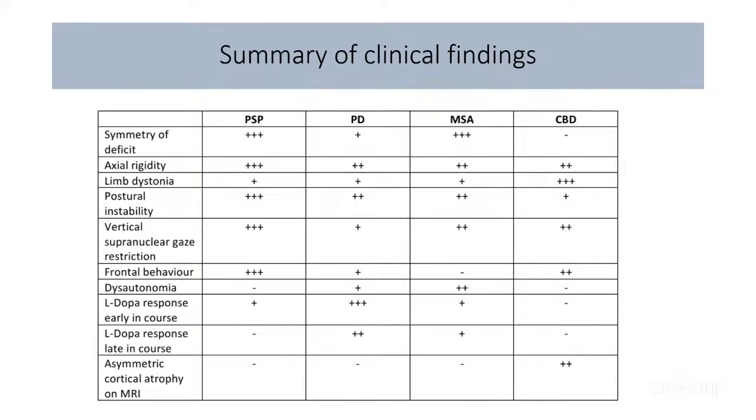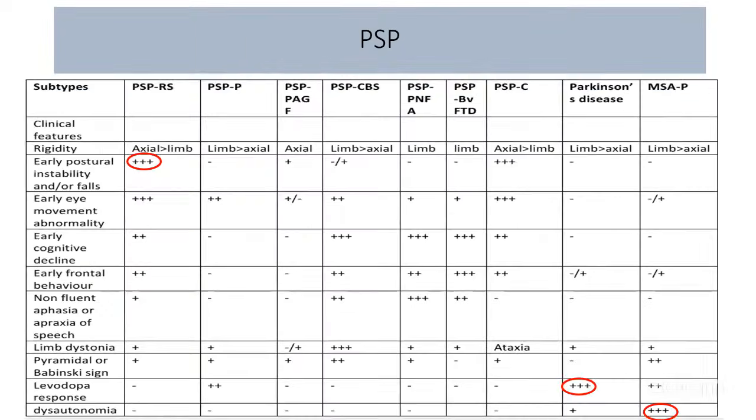Vertical or supranuclear gaze impairment is seen in PSP, and frontal behavior is most commonly seen in PSP. Dysautonomia is seen in MSA. Levodopa responsiveness is seen in PD early in the course, but later in the course the response can be a little reduced. And asymmetrical cortical atrophy on the MRI and cortical signs can be seen in CBD.